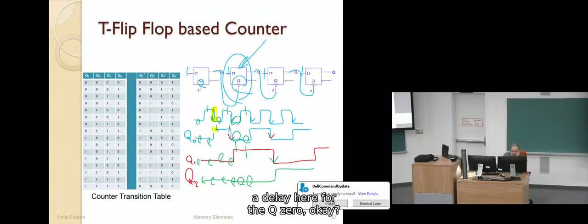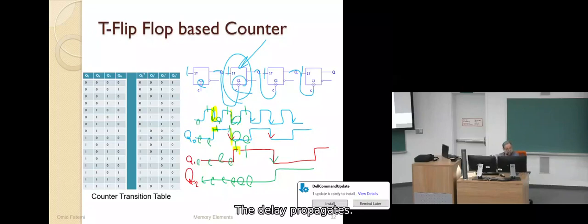So there is a delay here for the Q0. And then later, when again we have a falling edge here, with a delay this becomes 0. And when this becomes 0 with a delay, it is the clock for the next one, so this one has more delay, and it becomes 1 later.